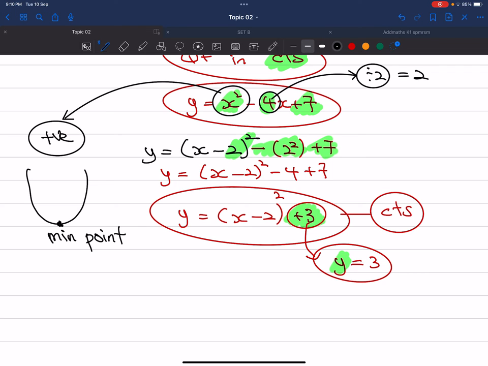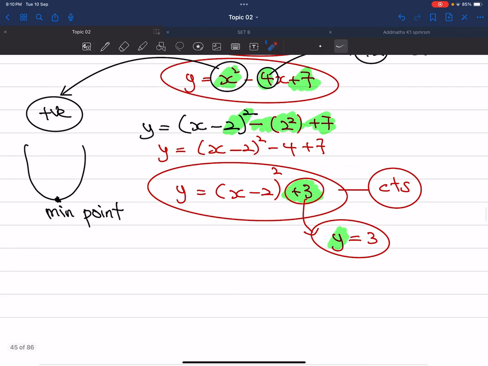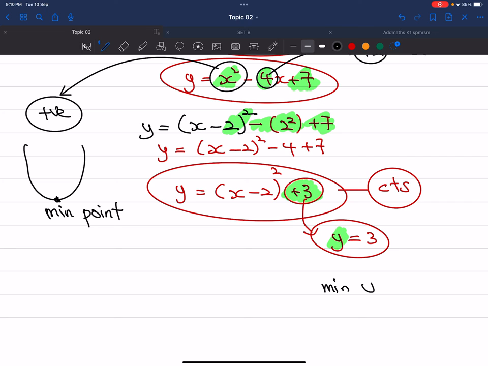So we are doing this question, for x positive, minimum point. Therefore, this y is the minimum value, which is 3. We got our first answer.